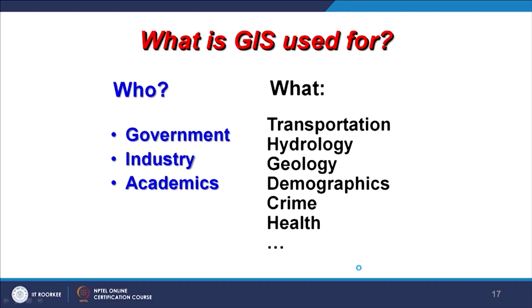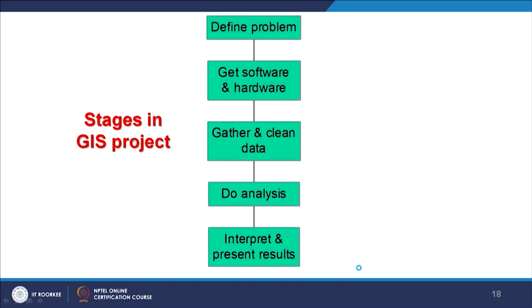There are buses, and trains: Indian Railways has already completed installation of GNSS receivers on a GIS platform. So they know about each and every engine of a goods train, where it is located and how it is moving. That is completely a GIS-based transportation system. Then hydrology, geology, demographics, crime, health, and this is a non-exhaustive list. More and more applications, more and more bridges with different disciplines are being developed related to GIS.